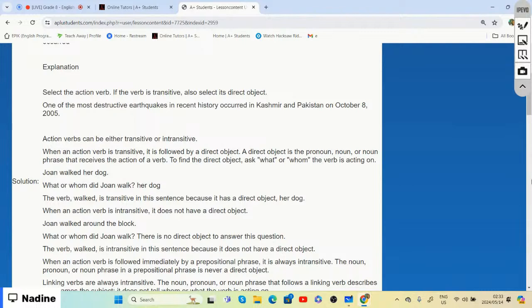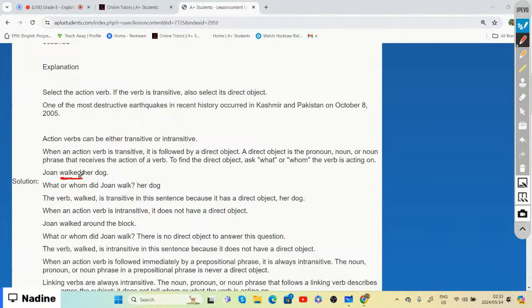For example, Joan walked her dog, right? So our action verb is of course walked. And our verb is transitive, right, because it has a direct object, and the direct object is her dog.